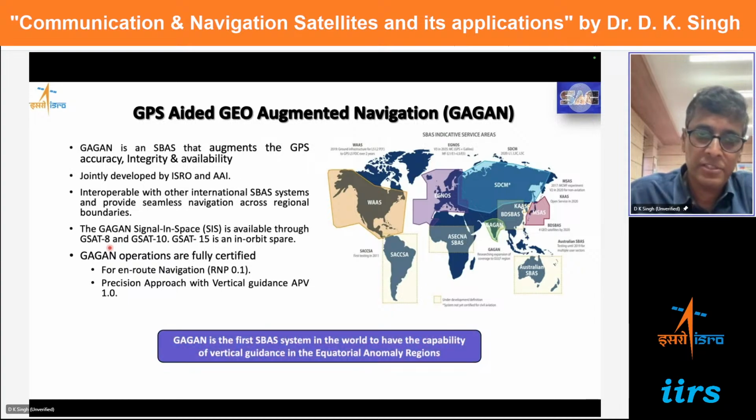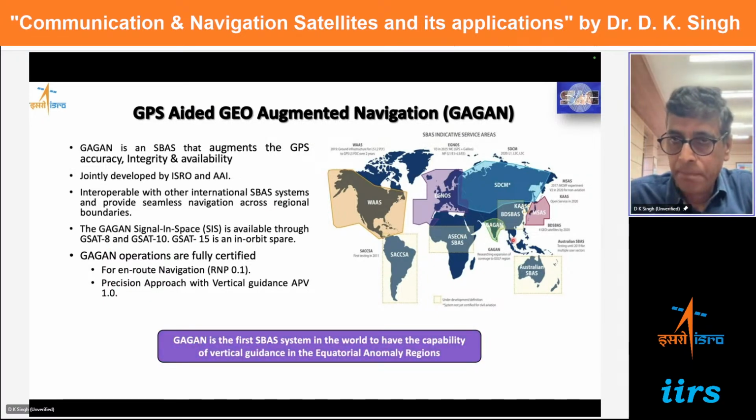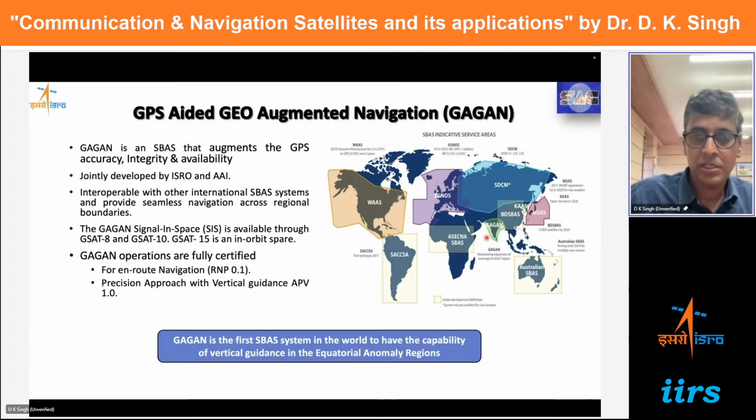There are different certification levels called RNP, required navigation performance 0.1, and precision approach with vertical guidance, which talk about certain standards used by the Airport Authority of India based on international standards. We are the one which will fill the gap existing between the currently available systems like EGNOS and MSAS. So any aircraft which enters our region can use the GAGAN system.